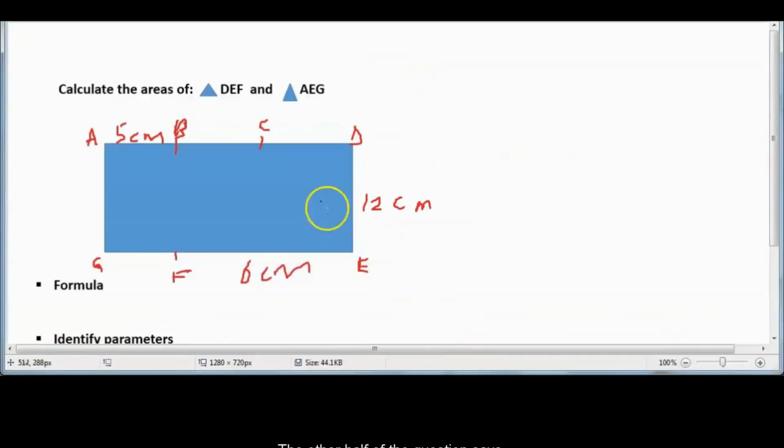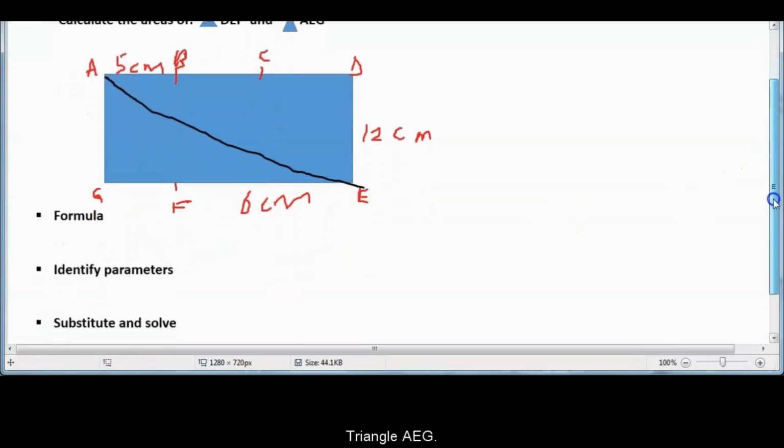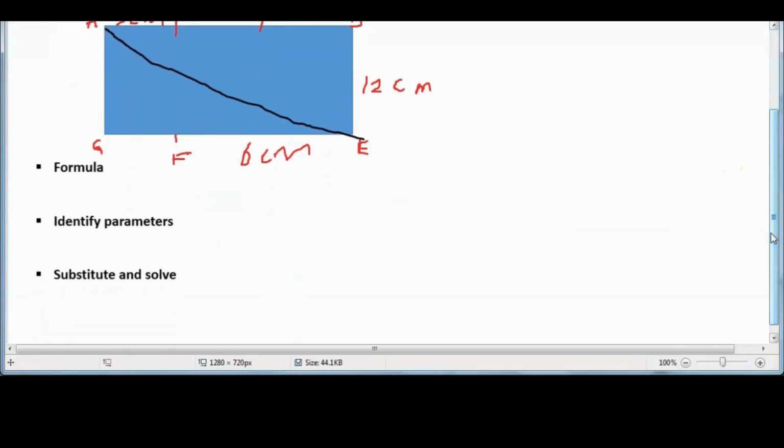The other half of the question says calculate the area of triangle AEG. This can be formed by drawing a line from A to E. This is A and this is E. So I'm going to draw a straight line down here. Wow, so we have it, triangle AEG. What are the parameters? We have A, first of all, A is equals to AG.